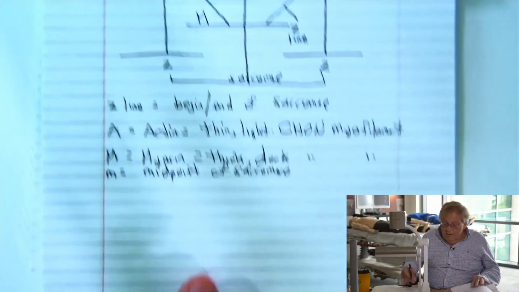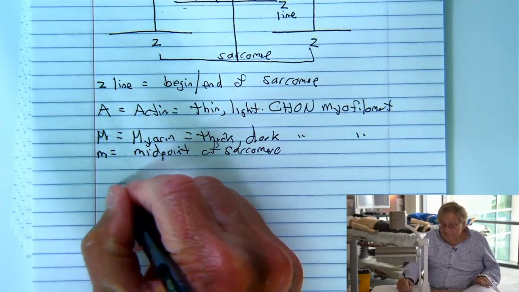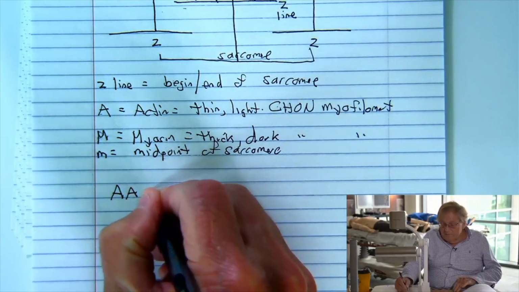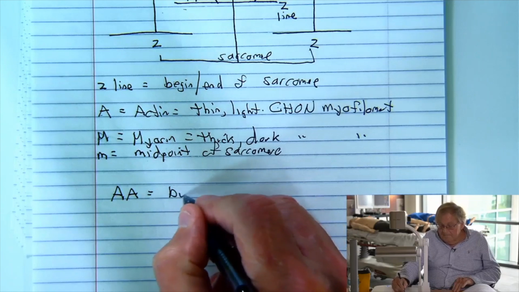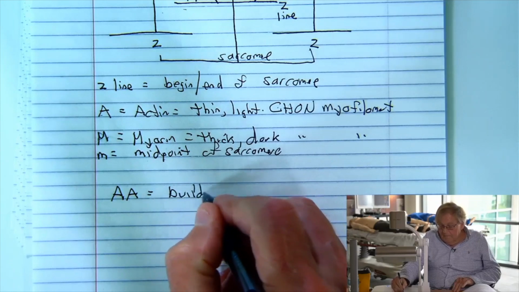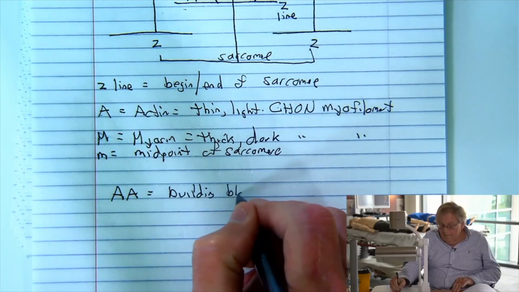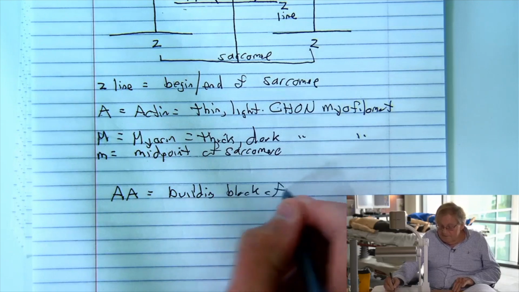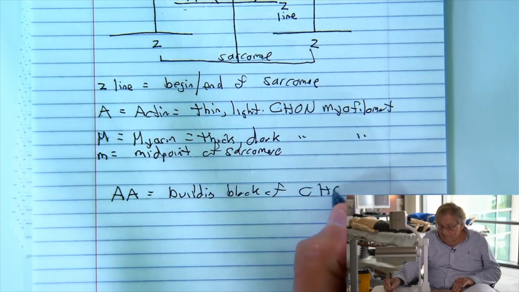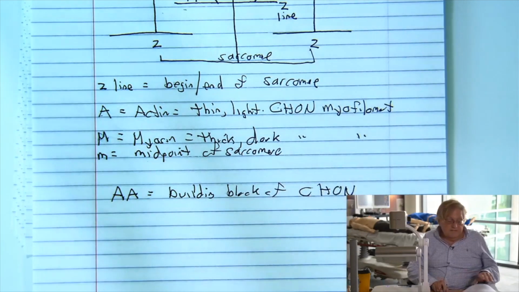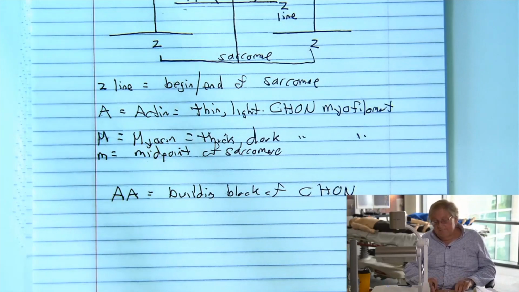So you'll always see an AA, an amino acid, equals the building block of protein, CHON. So you're not really, as I say, buying a protein shake, you're buying an amino acid shake.